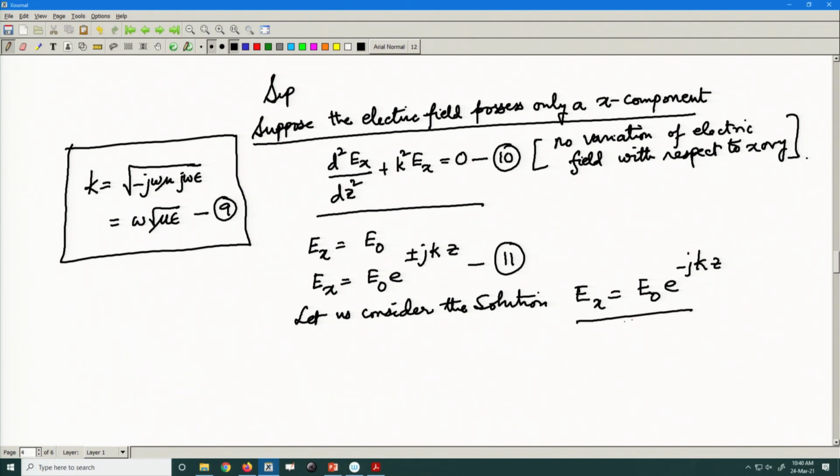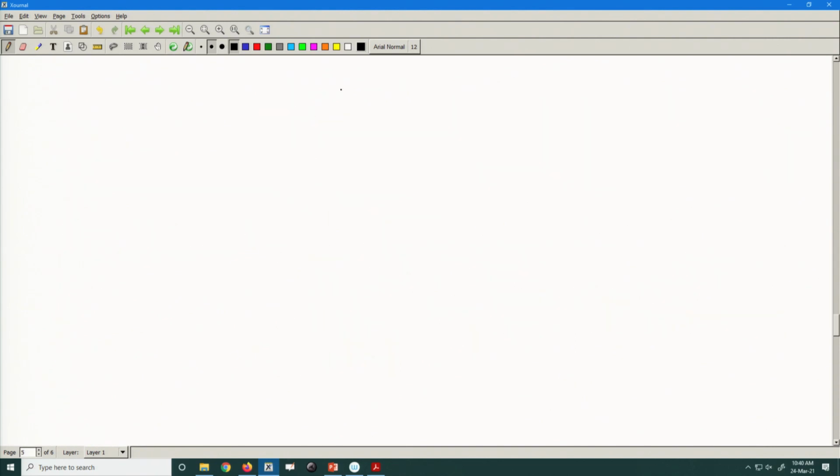So, let us consider this solution. This is a forward going wave, we will see that later. Then curl of E will be equal to u x, u y, u z.